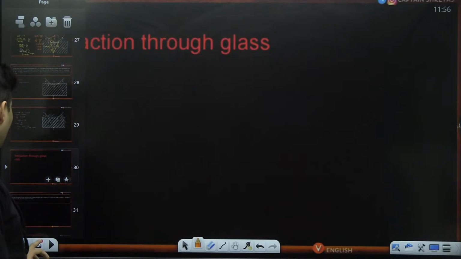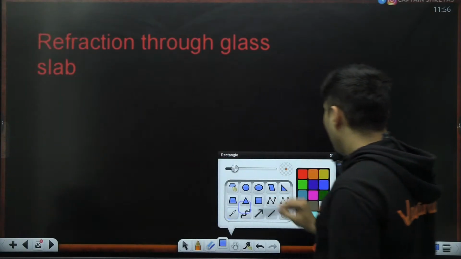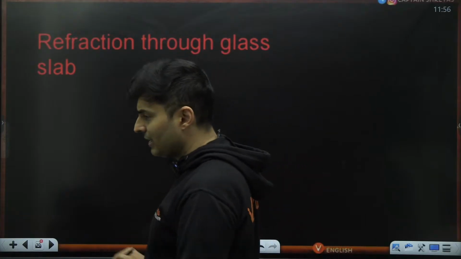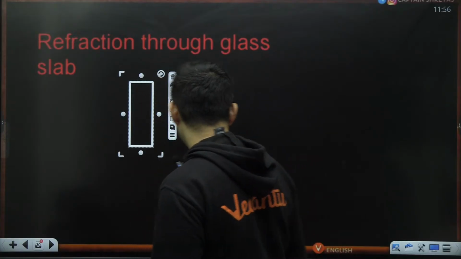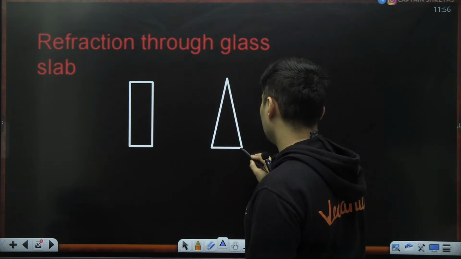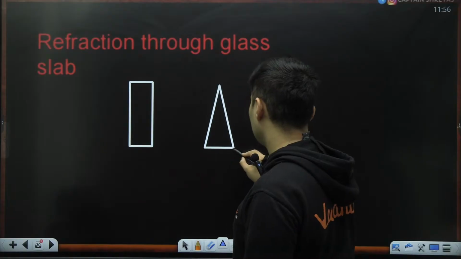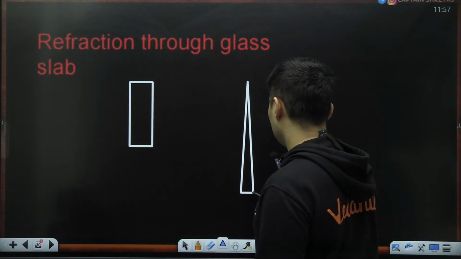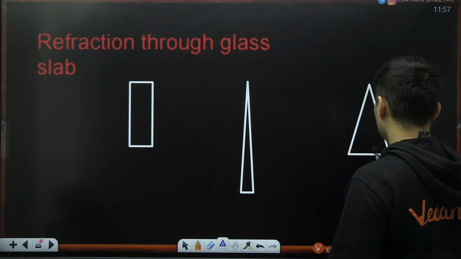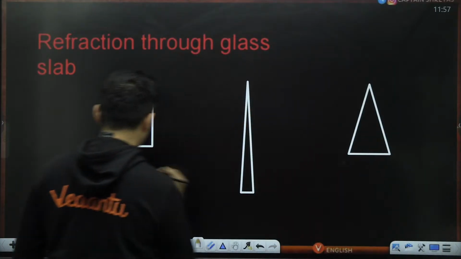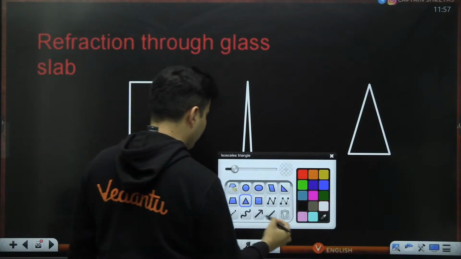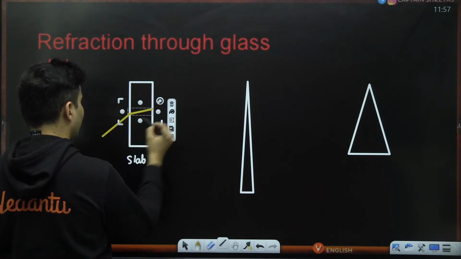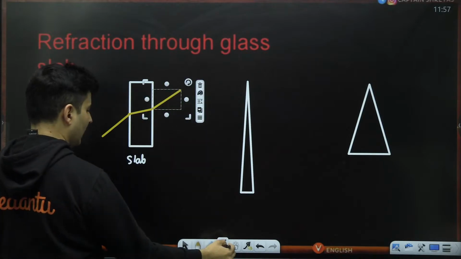Refraction through a glass slab. Now, I don't know how many of you have realized this by now, but I will tell you one interesting thing which will literally blow your mind. See, guys, if you take a slab, and if there is a ray which is incident on it, then you will see that the ray will refract, and by the time it comes out, it will be like this.